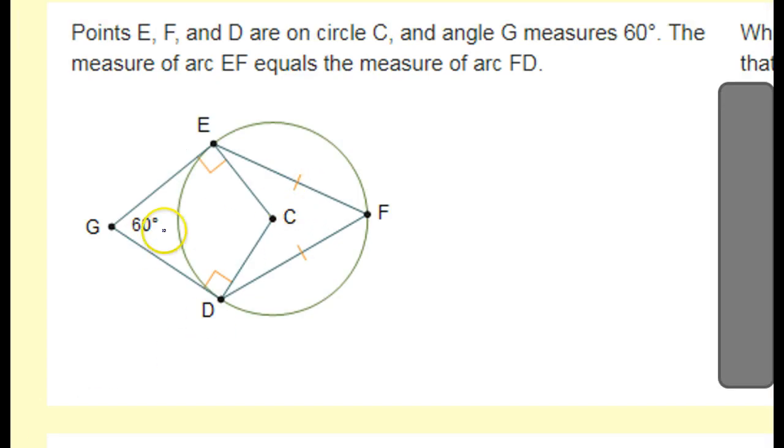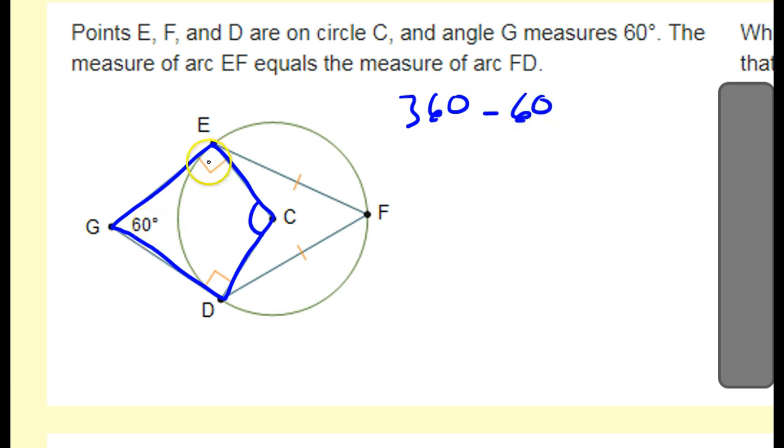Before we even do this problem, let's solve for what we can. They gave us all these markings and 60 degrees. Focus your eyes on this quadrilateral right here. The angles inside a quadrilateral add up to 360 degrees. So I should be able to find this angle right here by starting with 360 degrees and subtracting the 60 degrees and the two 90s.